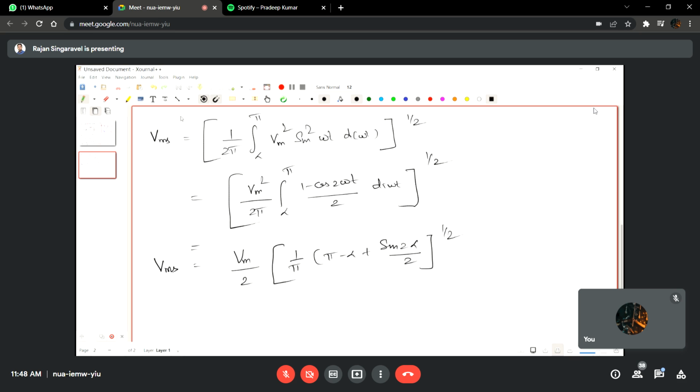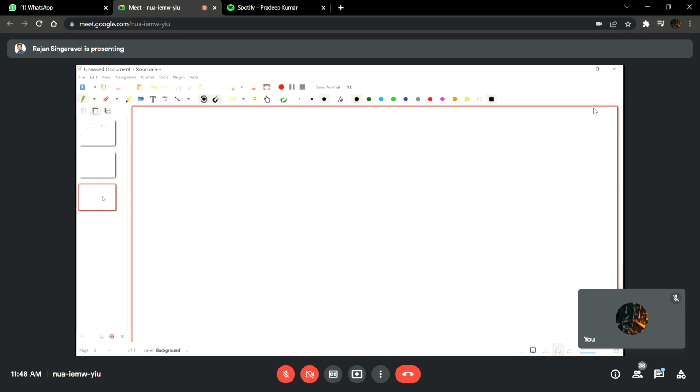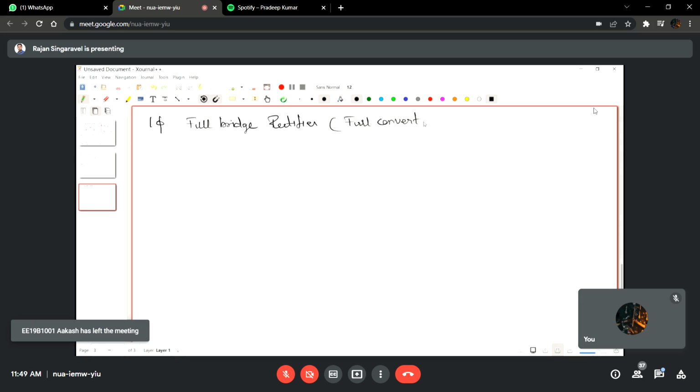Then we will move on to the full bridge converter. Next is single phase full bridge rectifier, or we can call it as full converter or full wave rectifier, whatever it may be.